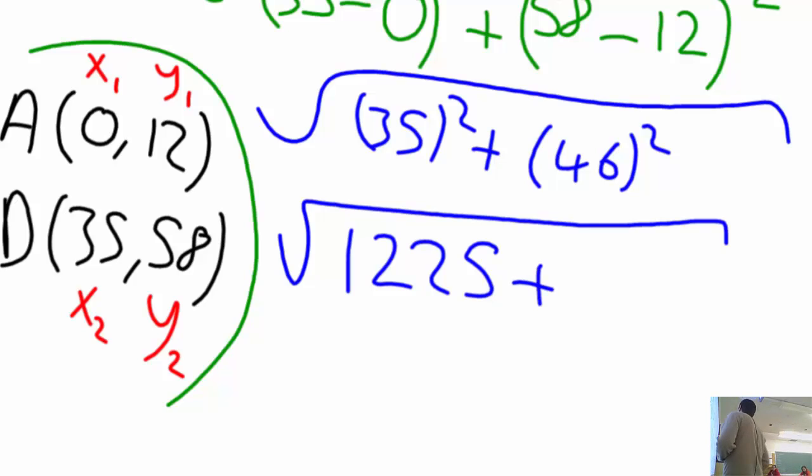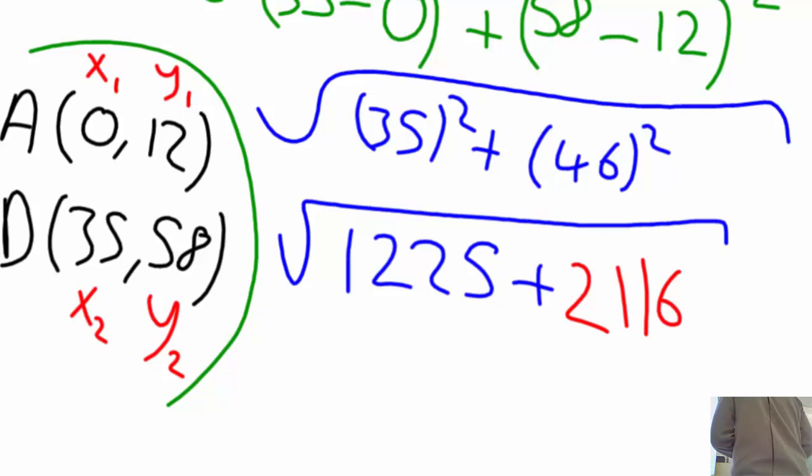Plus 46 square. 2116. So you got that number? Okay. Let's add those together.